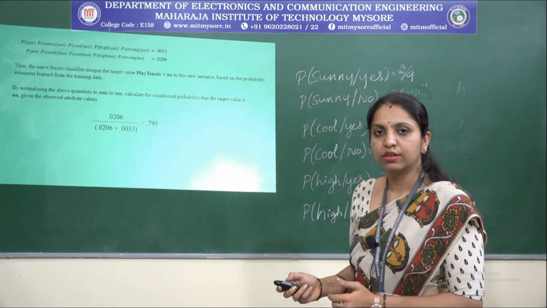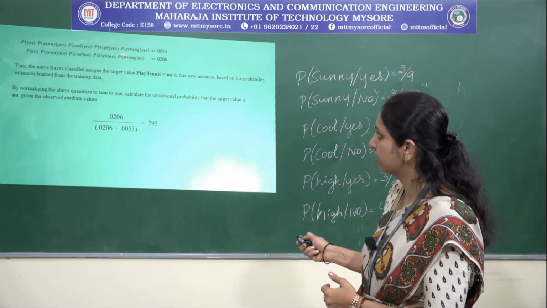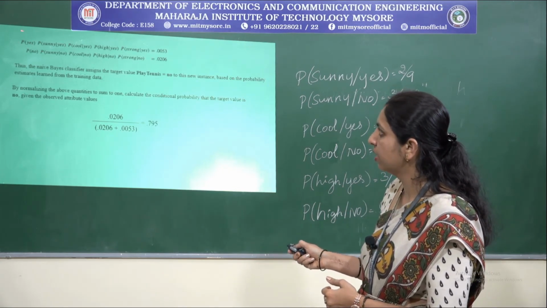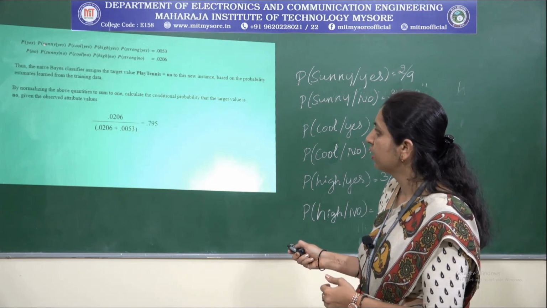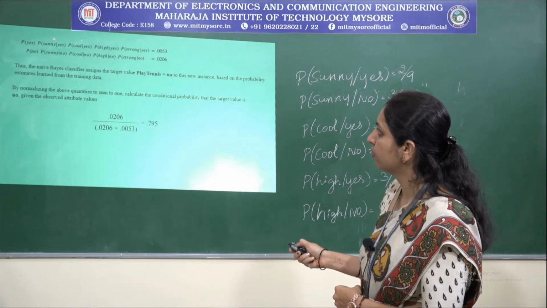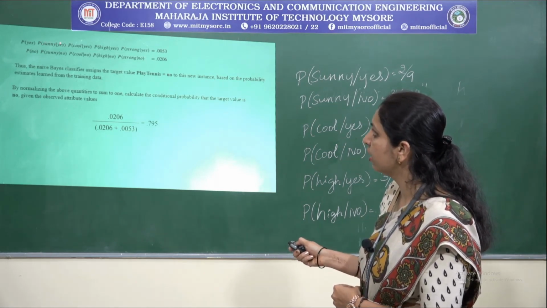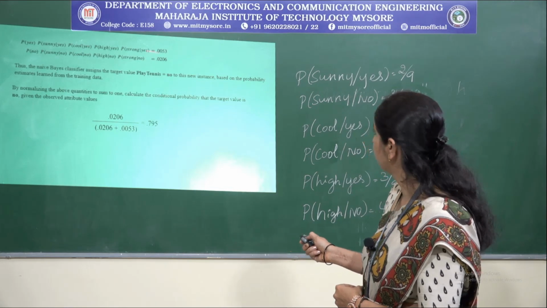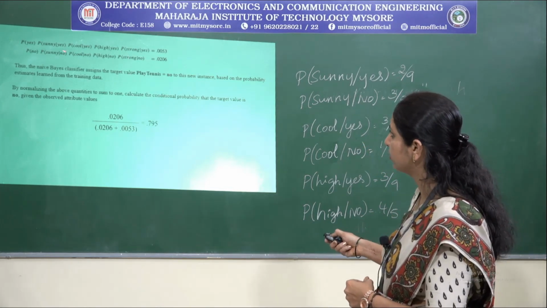As you can see here, we are considering only yes. So we are considering the prior probability of yes, and similarly the conditional probabilities, sunny given yes. Here we need to substitute all these values.